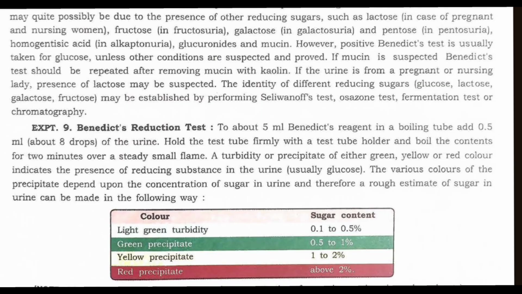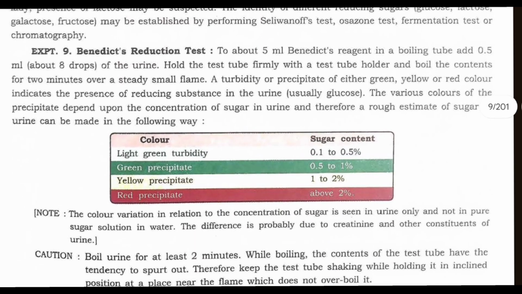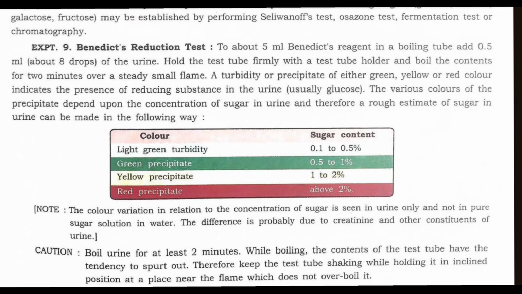Benedict's reduction test. To about 5 ml Benedict's reagent in a boiling tube, add 0.5 ml, about 8 drops, of the urine. Hold the test tube firmly with a test tube holder and boil the contents for 2 minutes over a steady small flame.